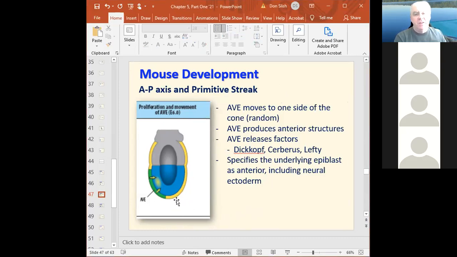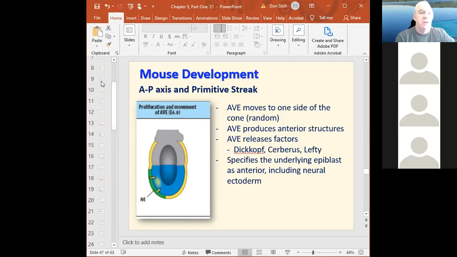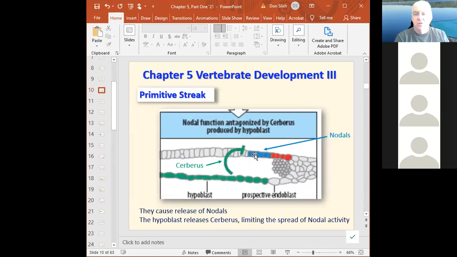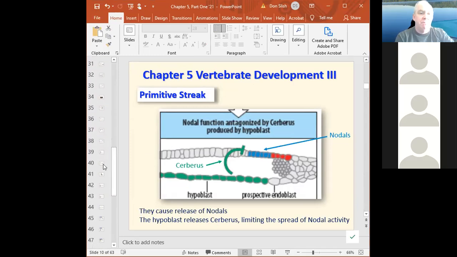So this visceral endoderm is kind of like the hypoblast in chick. If we go back to slides 9 and 10, you remember we've got VegT and Wnt inducing these cells to produce nodals. So now we've got nodals and Wnt, and then we've got the hypoblast producing Cerberus to block it, right? So now we go up to mouse.